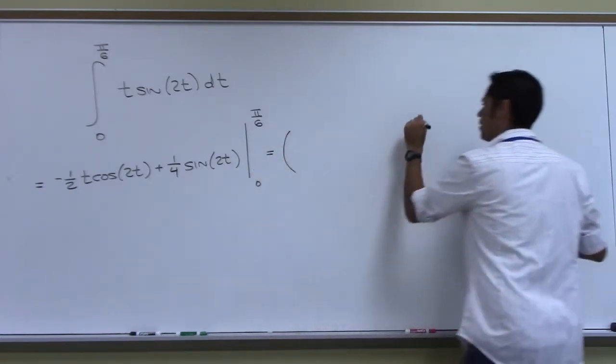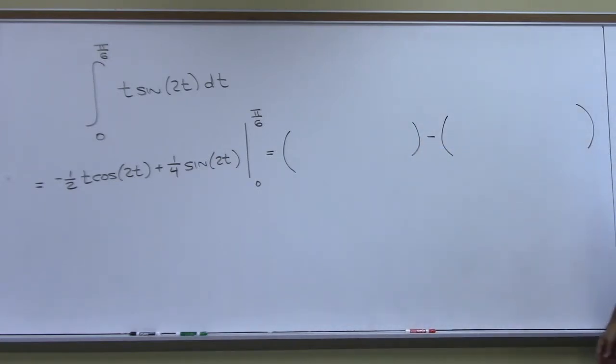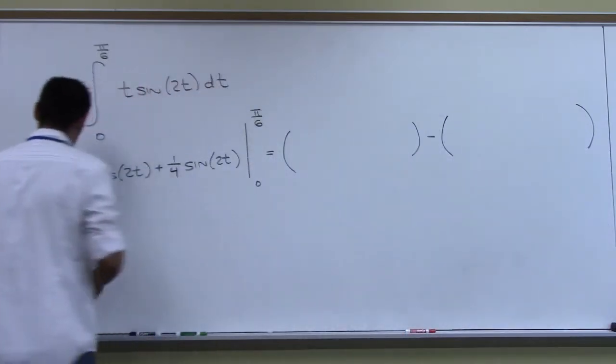Equals two sets of parentheses. Let's plug in pi over 6. All right.